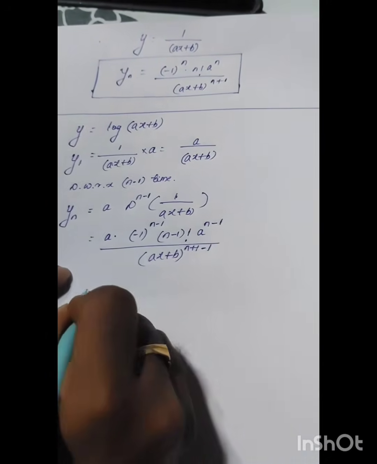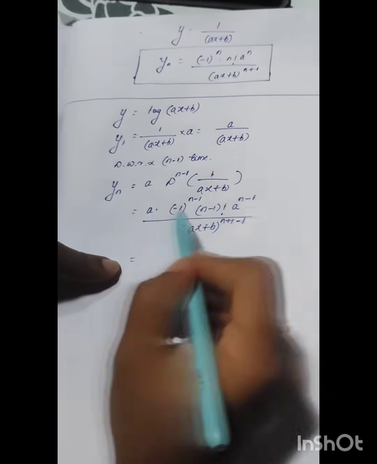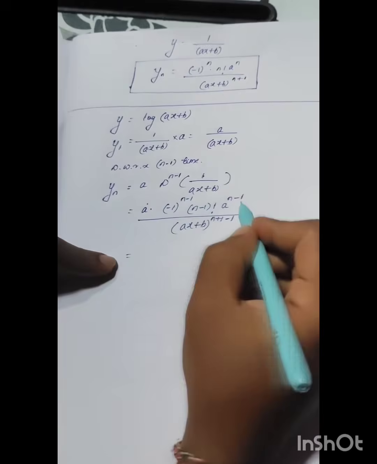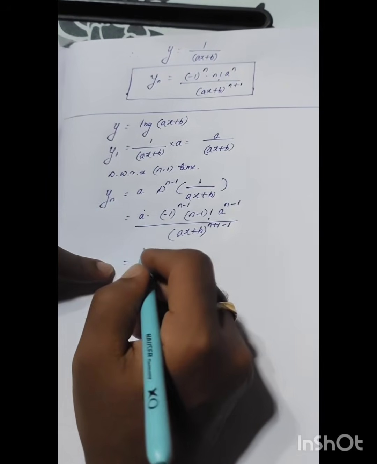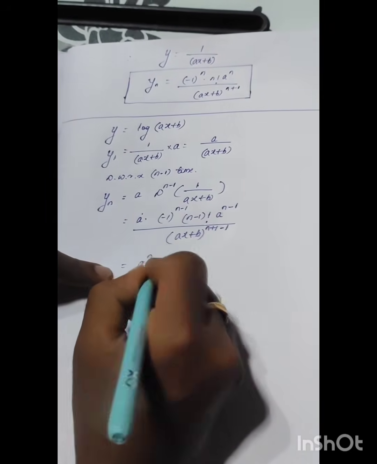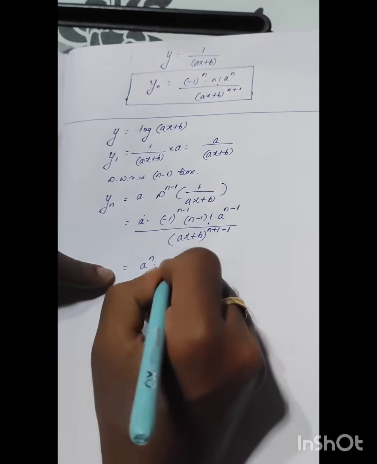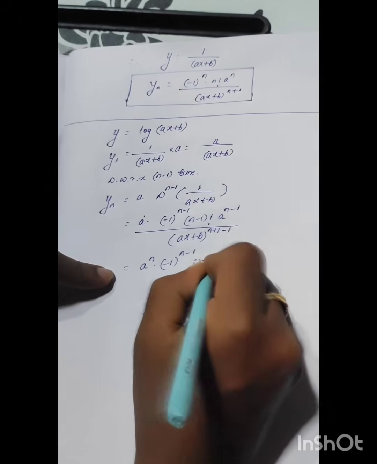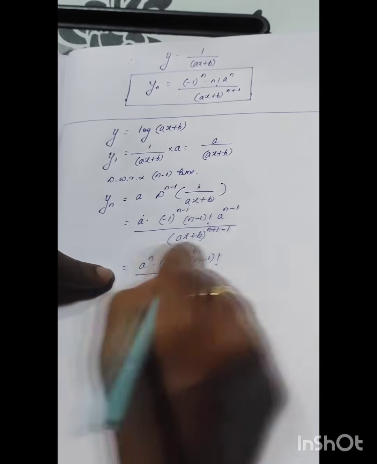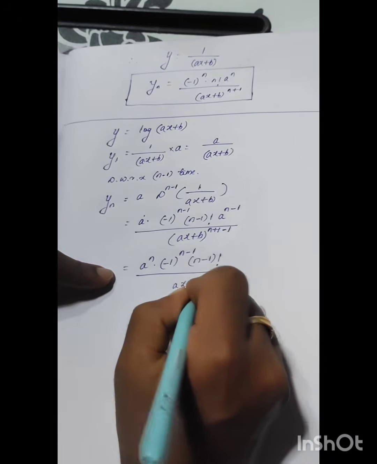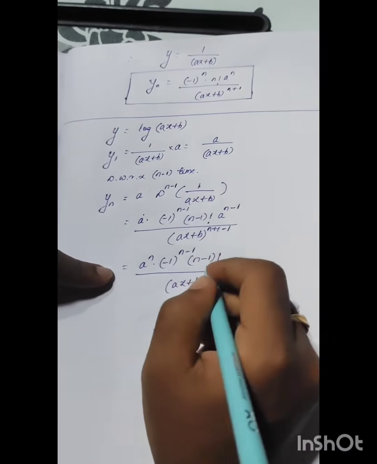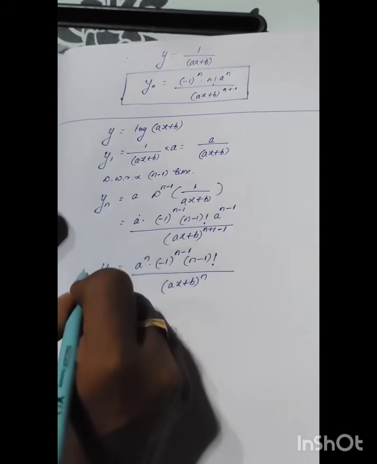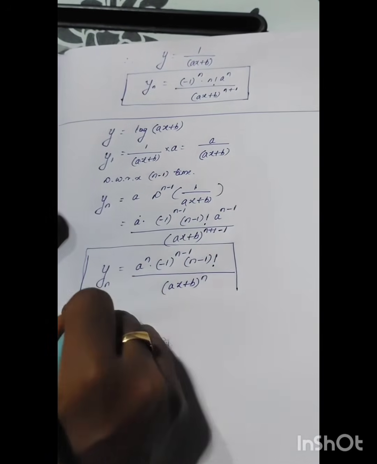Now let's simplify it again. a into a power n minus 1, a raised to 1 into a power n minus 1 will make it a power n. That is a power n into minus 1 power n minus 1 into n minus 1 factorial, divided by ax plus b raised to n, since the plus 1 and minus 1 get cancelled. So yn for a logarithmic function will be this one.